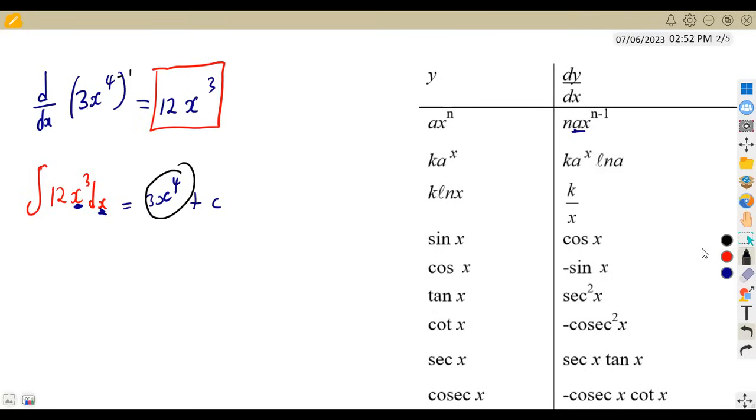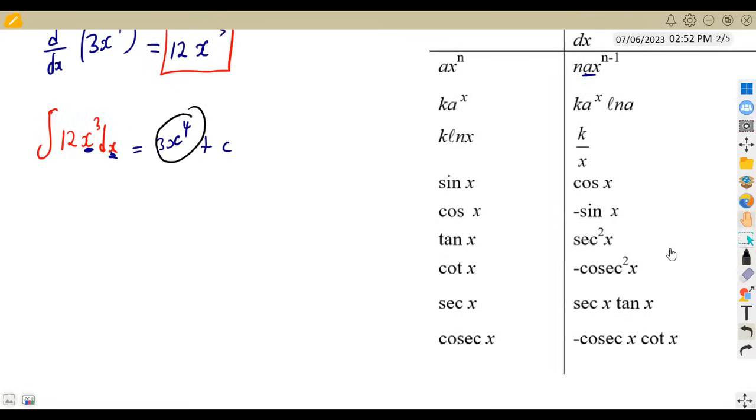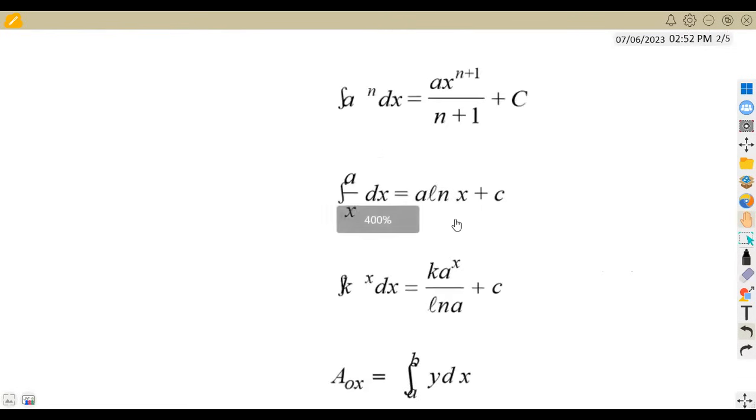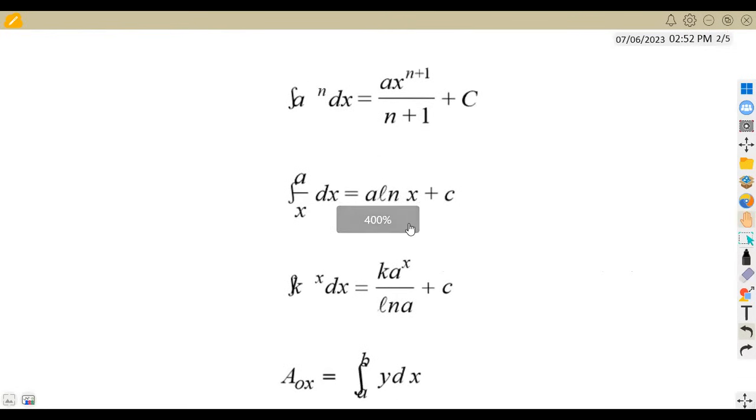All right, so if we check here, we have the integrals that we are given, the integral of ax to the exponent of n like this. So if you integrate an algebraic term, we are going to obtain ax to the exponent of n plus 1.